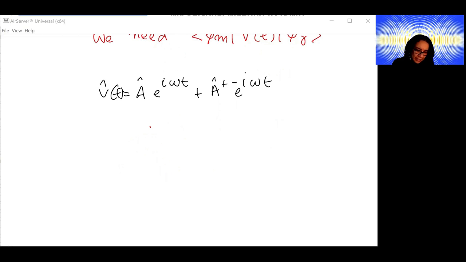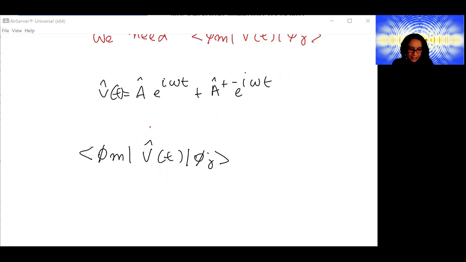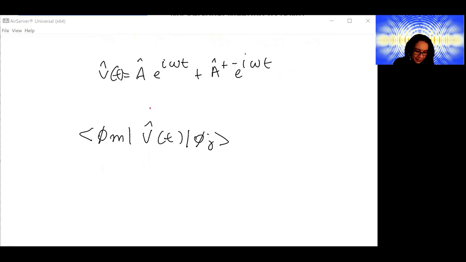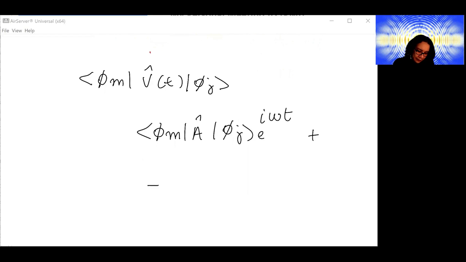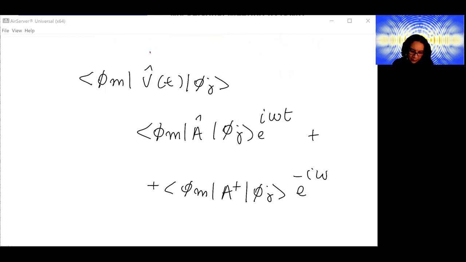Okay, so let's calculate this matrix element phi_m V(t) phi_j. This is going to give me phi_m a phi_j e to the power i omega t plus phi_m a dagger phi_j e to the power minus i omega t.